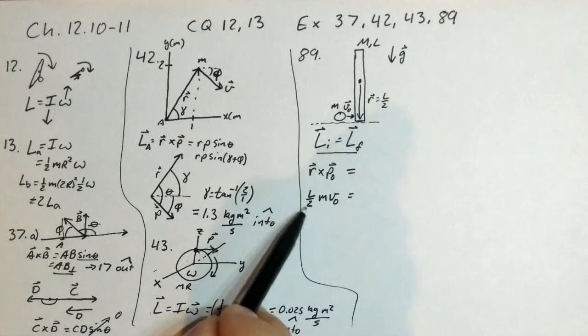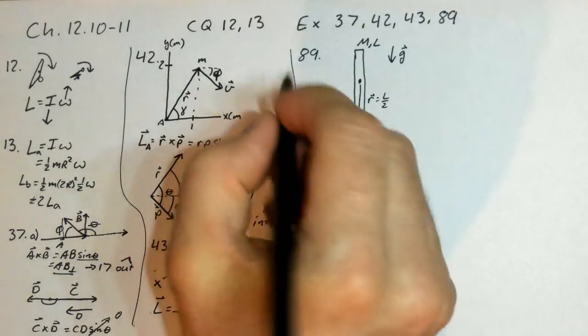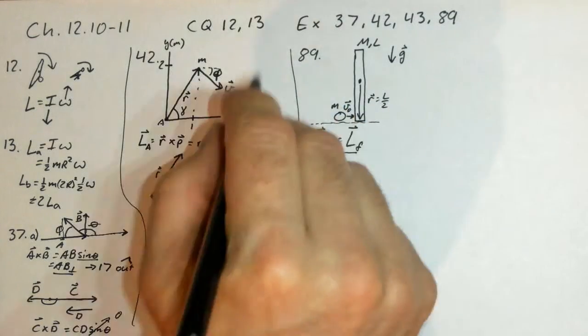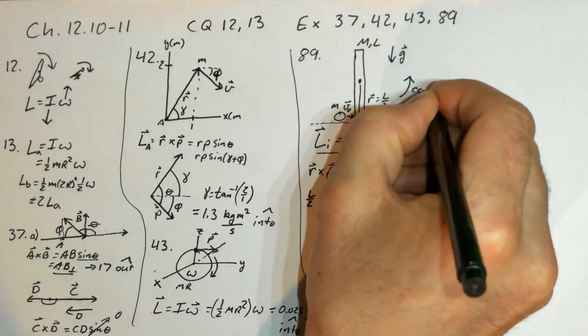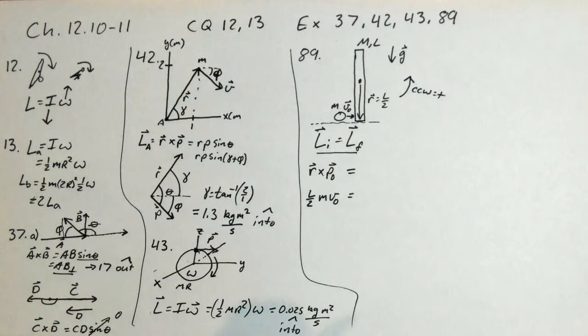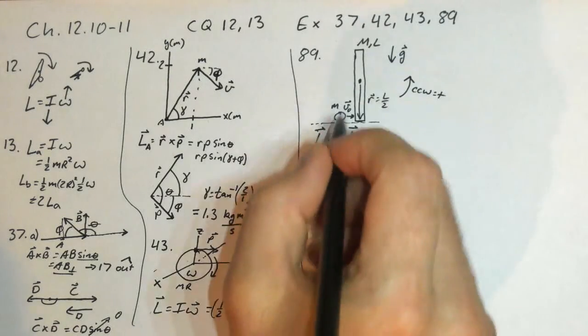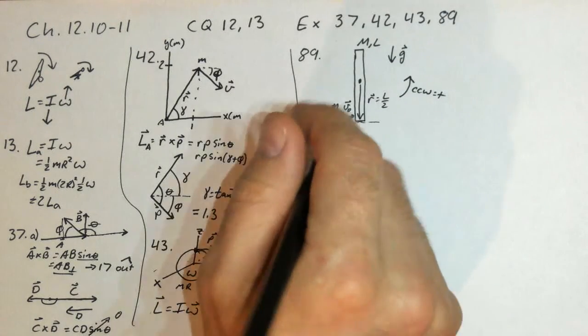Okay, now I've chosen to call this positive, which means this would cause it to rotate this way. So I'm calling counterclockwise positive. It doesn't matter which one you do as long as you stay consistent from there on out. If I call that positive, then this has a positive angular momentum.